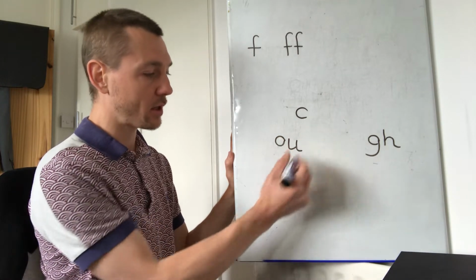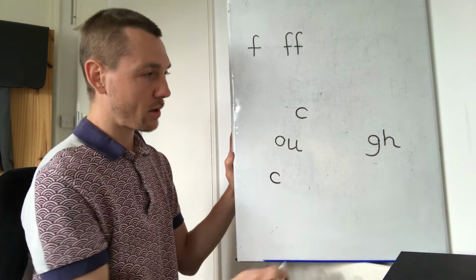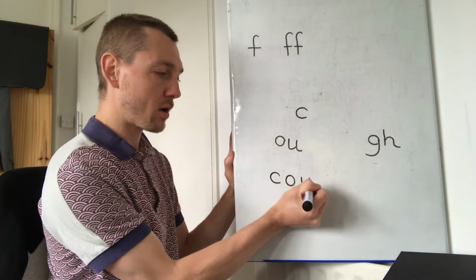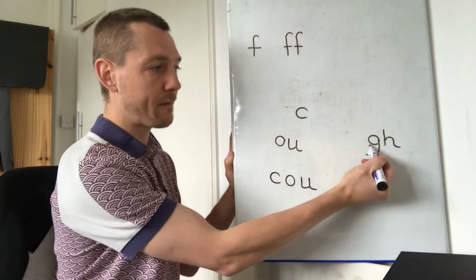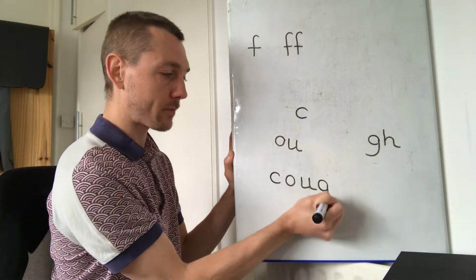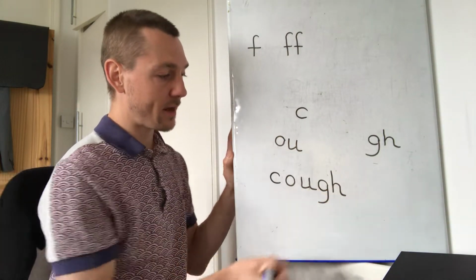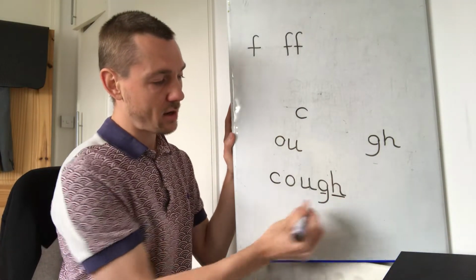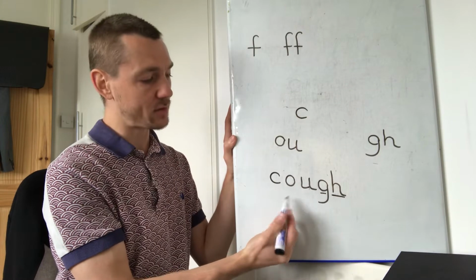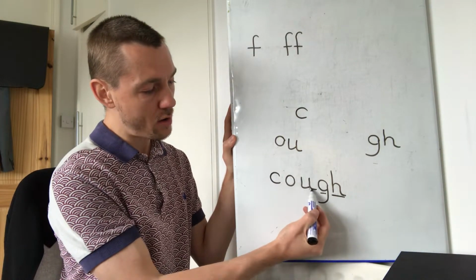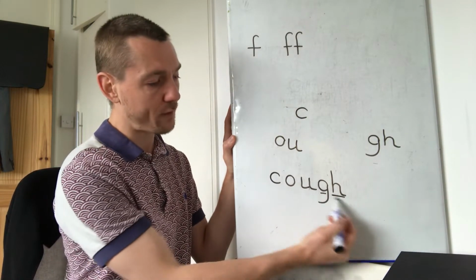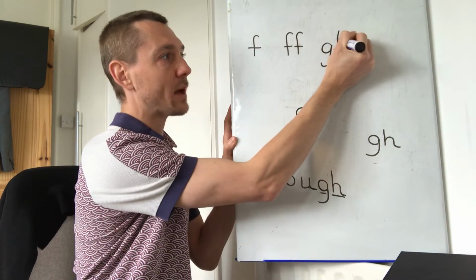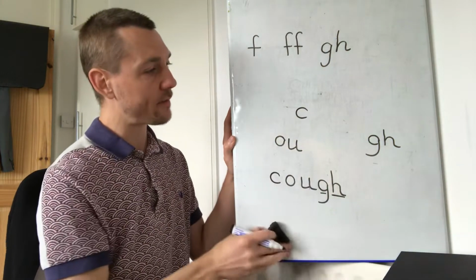And we have k, o, the OU spelling of o, f. So in this word, the G and the H together are how we spell the f sound. K, o, f, cough. So GH is the third spelling of f that we have for today.